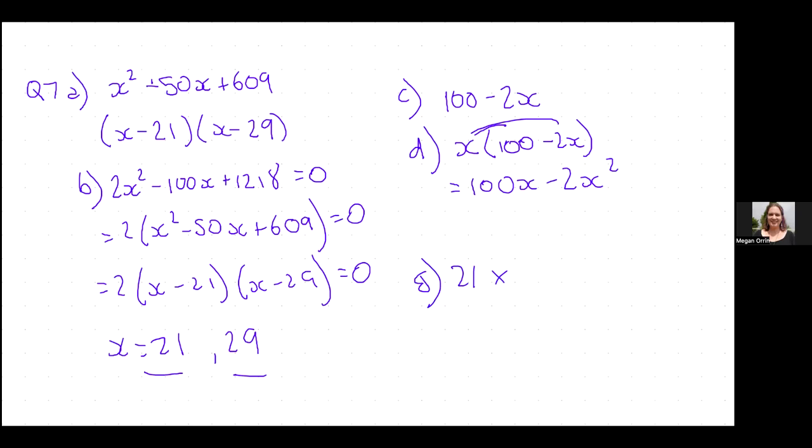And the other one is 29 by 100 minus 2 times 29, and that gives us 42. So if you do both of these equations, you'll find that they both equal 1218, which is exactly what we were asked for. These are the two values of x, and then these are the other leftover lengths, if we say that 100 minus 2x is this. So hopefully that gives you question 7.